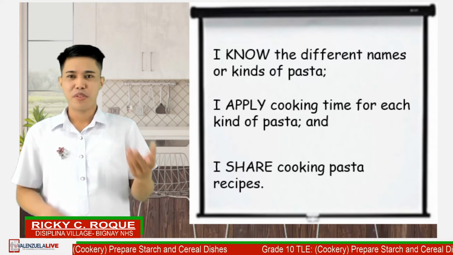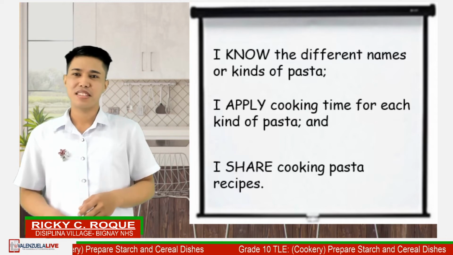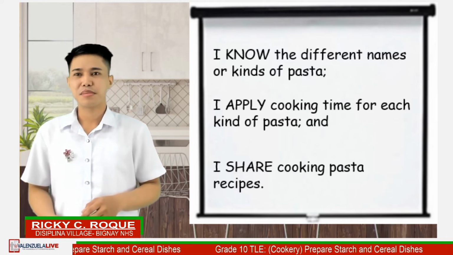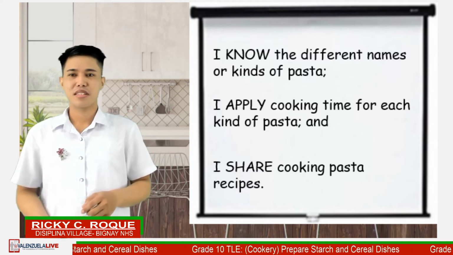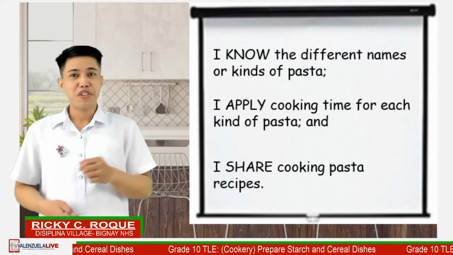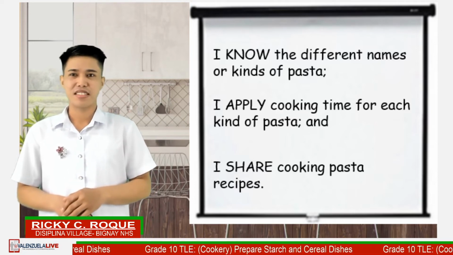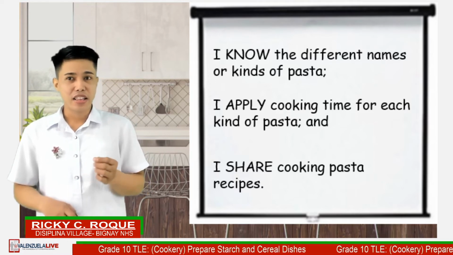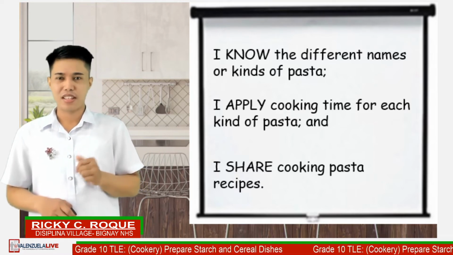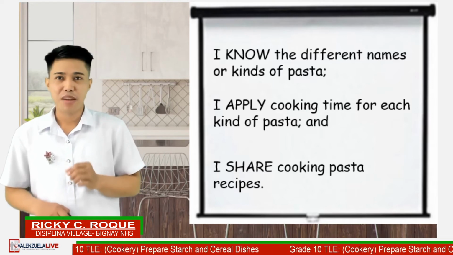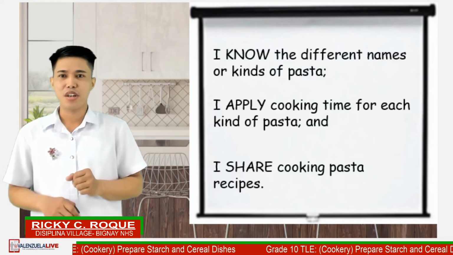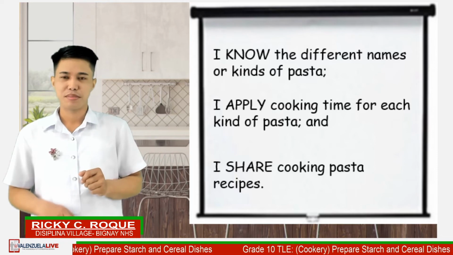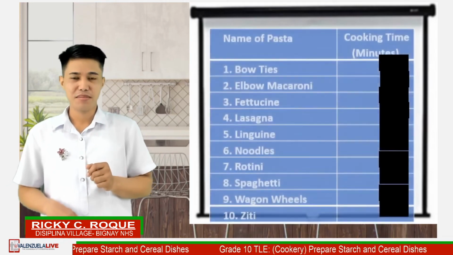And then, moving on to the next is, let's see if you have learned from today's discussion. Write the cooking time, the al dente, for each kind of pasta. You'll be given 5 seconds to write the correct answer for each number. Are you ready?